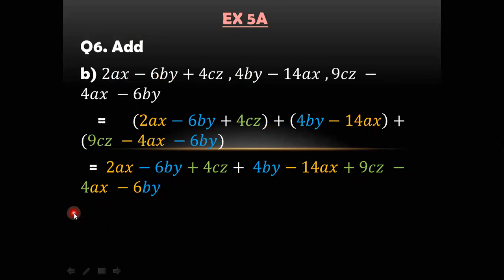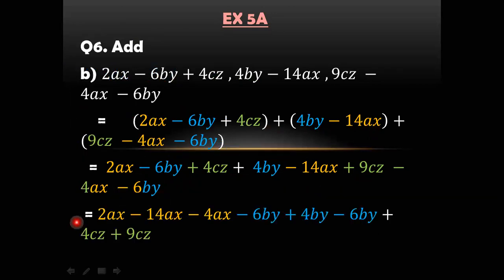In the next step we will place the like terms together. 2ax minus 14ax minus 4ax, they are like terms. ठीक है, अब आप जब इनको ऐड करेंगे 2 minus 14 is minus 12 and minus 12 and minus 4 is minus 16, minus 6 plus 4by minus 6by, this will be minus 2 and minus 6 minus 8by, and plus 4cz and plus 9cz will be plus 13cz. So final answer will be minus 16ax minus 8by plus 13cz.